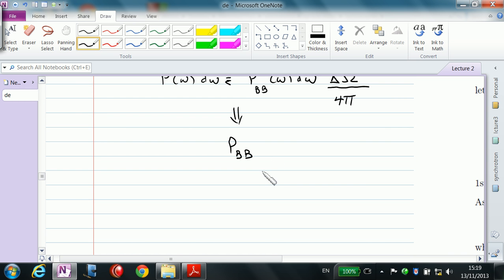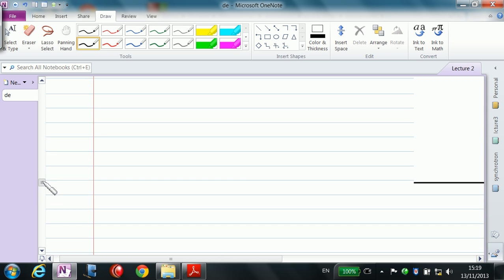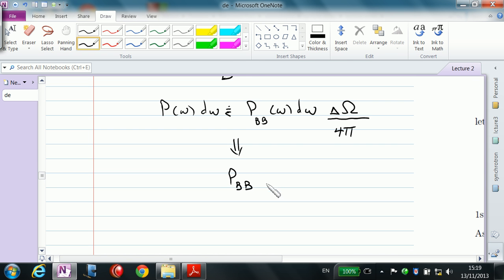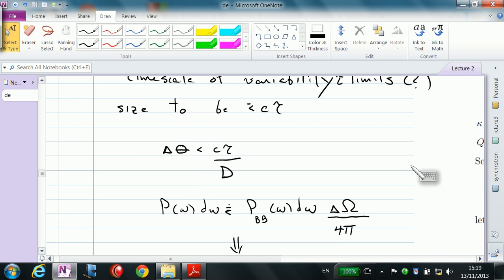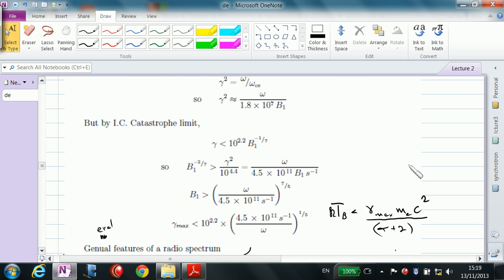So this sets a lower bound on the brightness temperature, right? What did I call the brightness temperature of the photons?